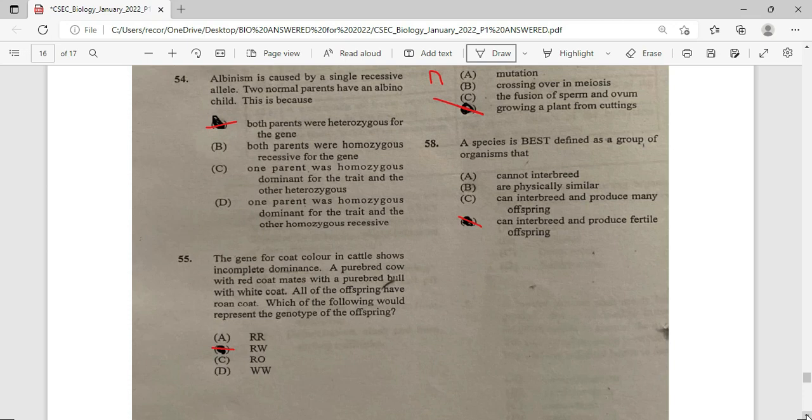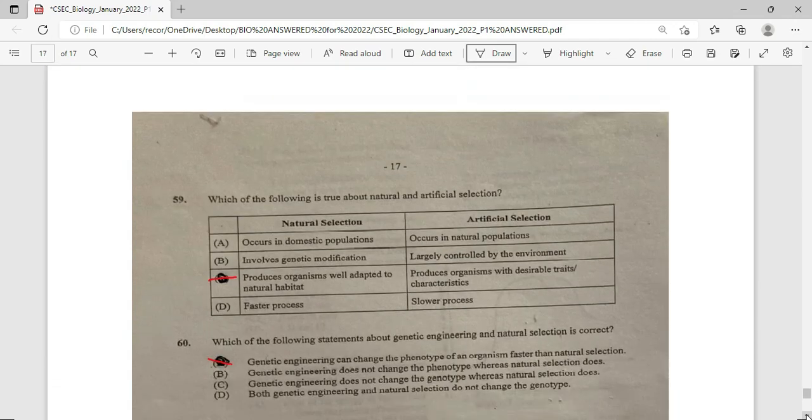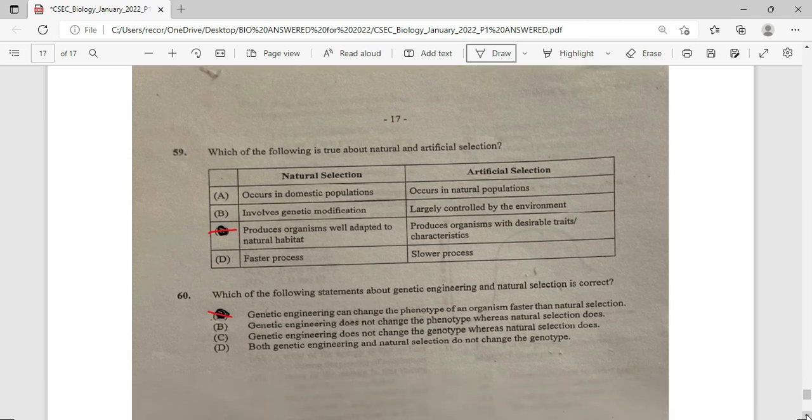That is AM EST. So we move on to the other question, and the other question is an old question, and the answer there is going to be C. Remember, you can pause the video to read as you so desire. Number 60, I think, is a new question. Which of the following statement about genetic engineering and natural selection is correct?